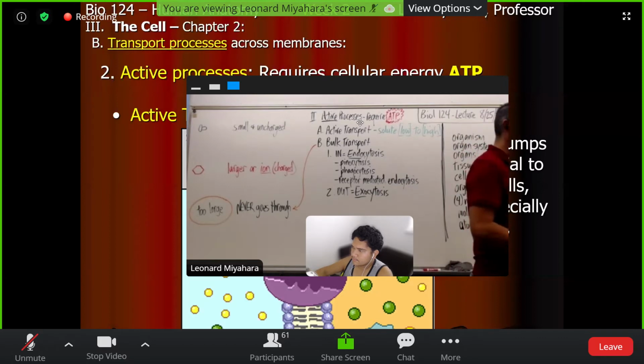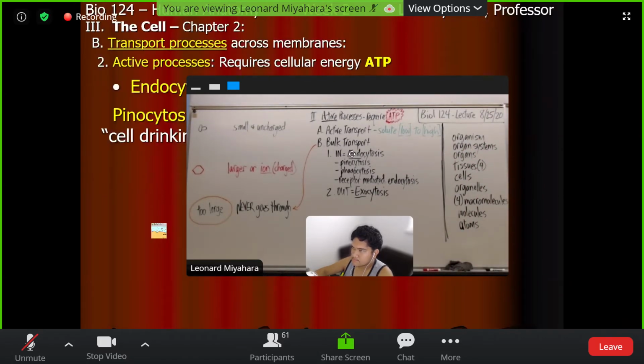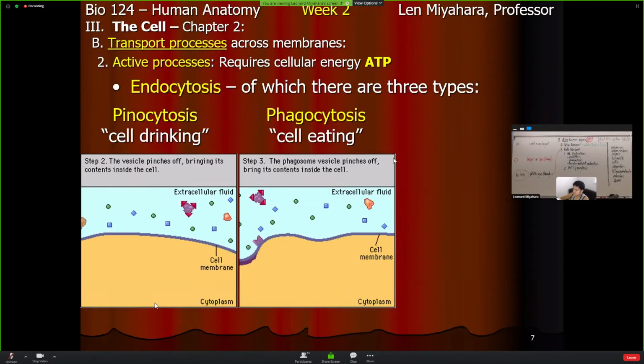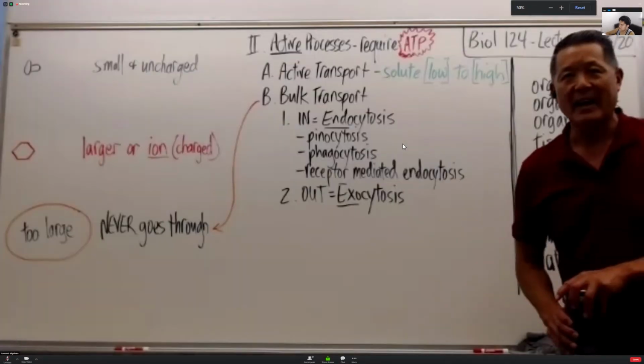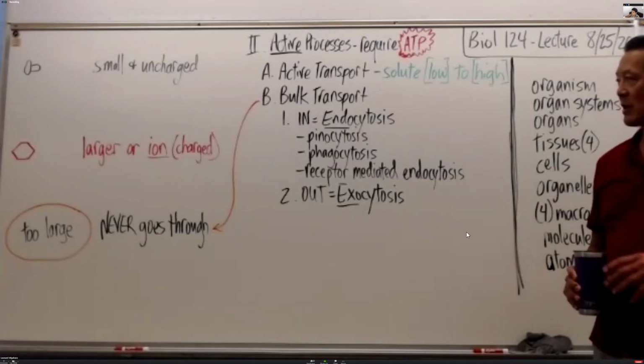All right, now let's go into more. I actually wrote this on the whiteboard at the end of lecture last week. And I said, well, this is where we're going to cover new things, and this is bulk transport.